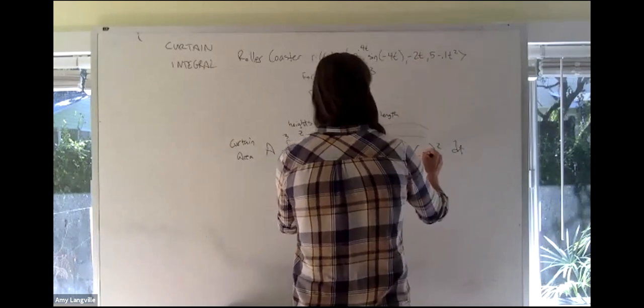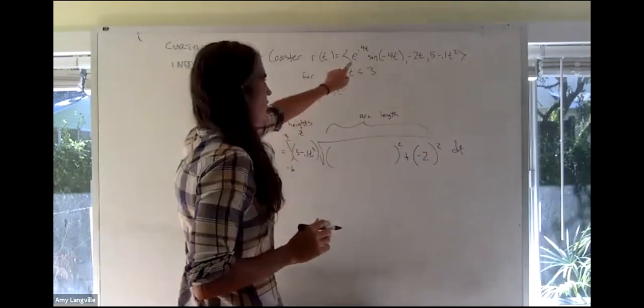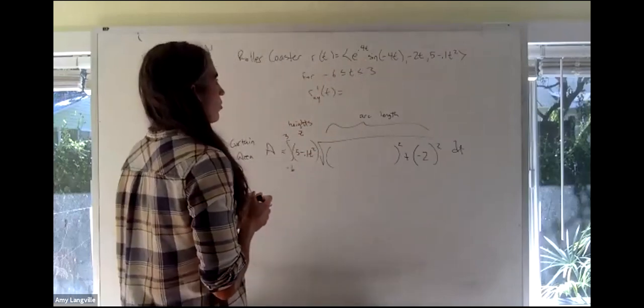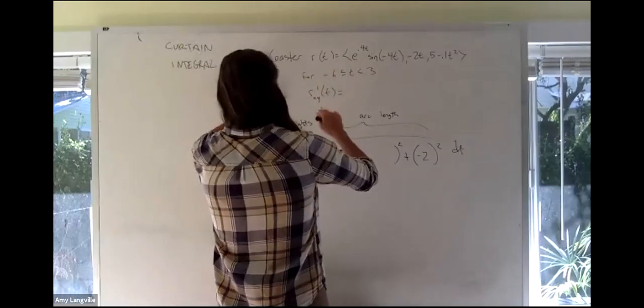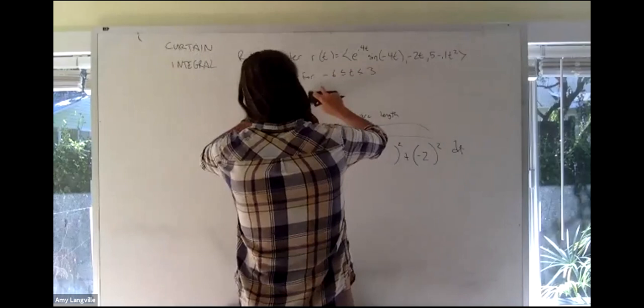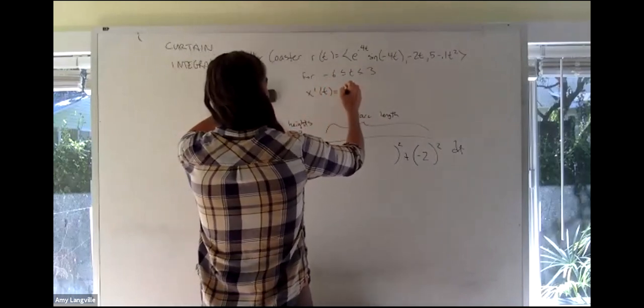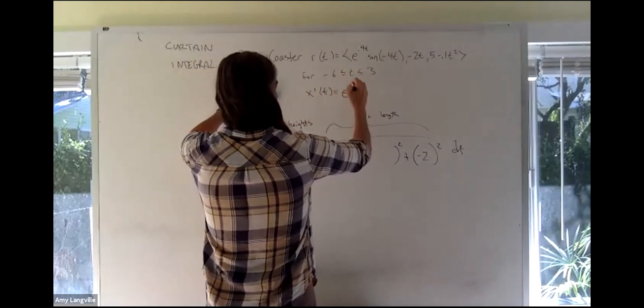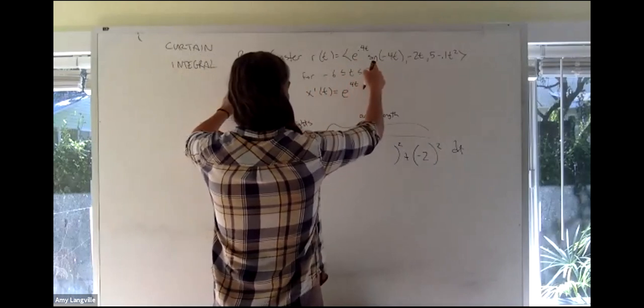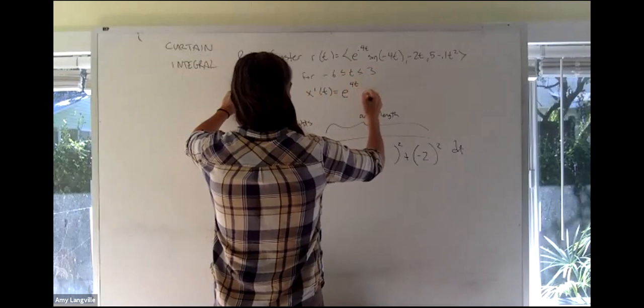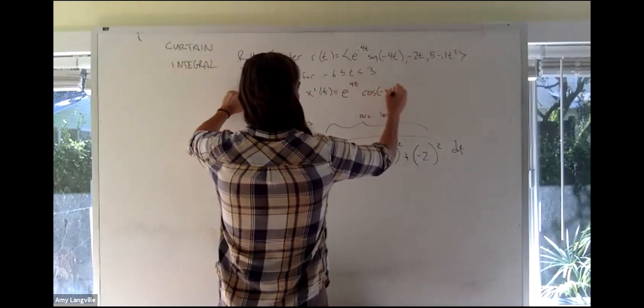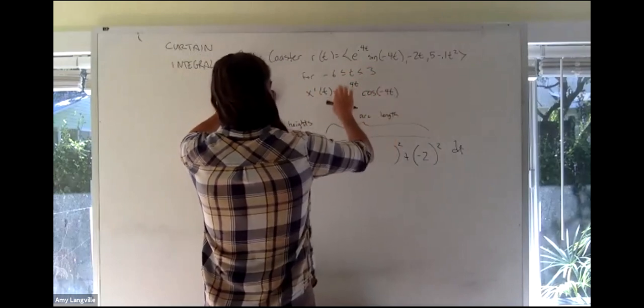Derivative of -2t is just -2. It's this first one here that requires a product rule. So maybe let's actually just write that right here. X prime of t is going to be the first times the derivative of the second. So that'll be a cosine -4t times a -4.